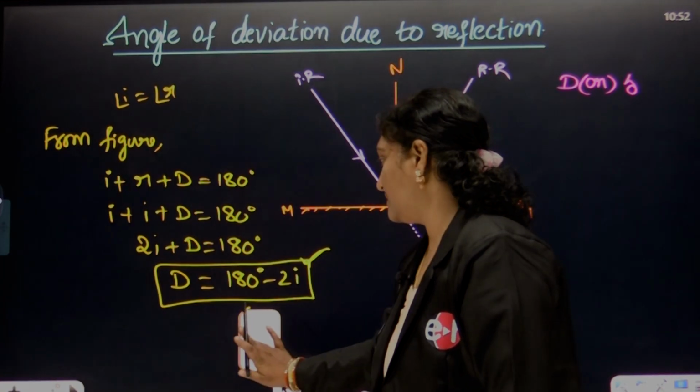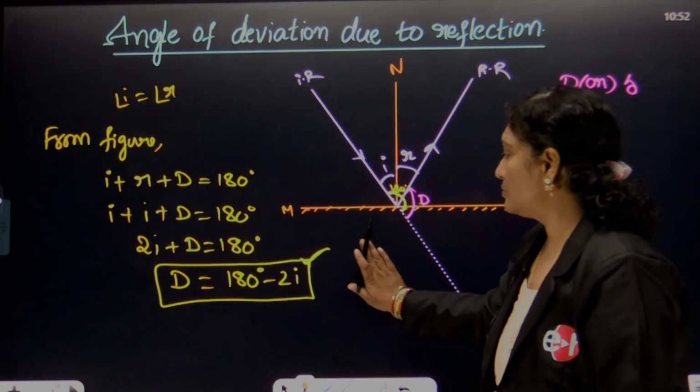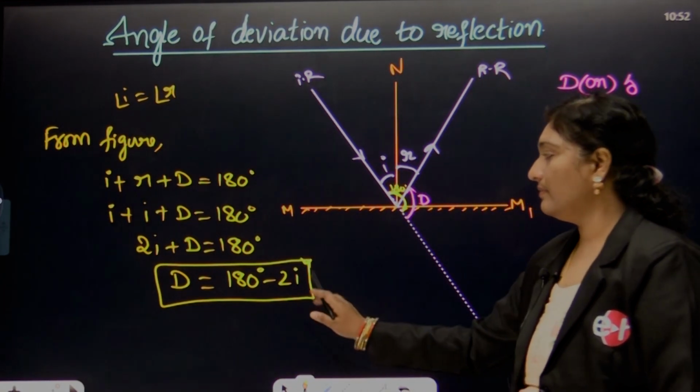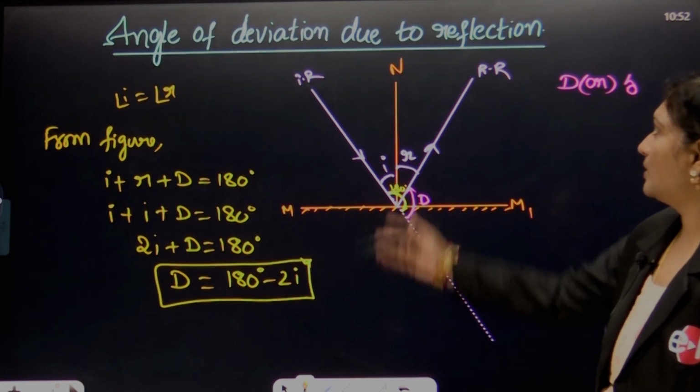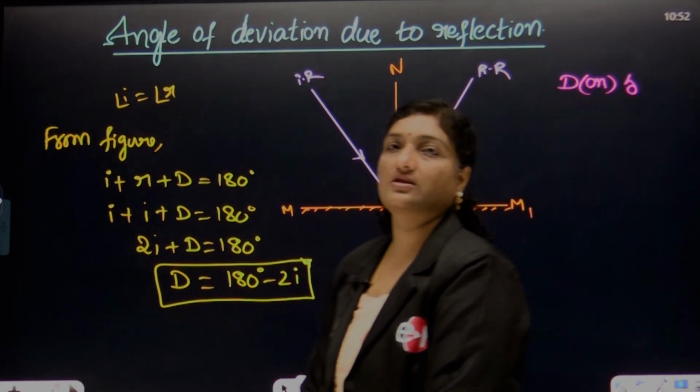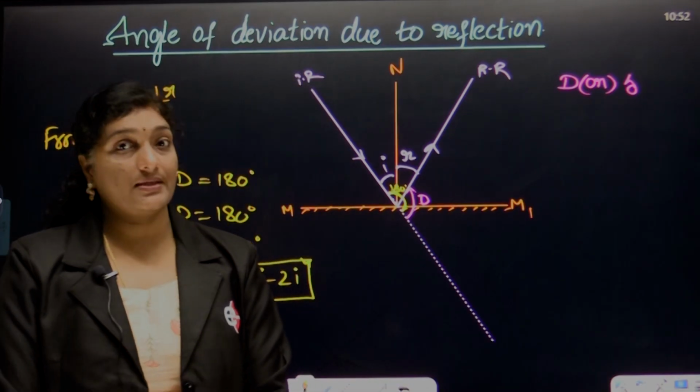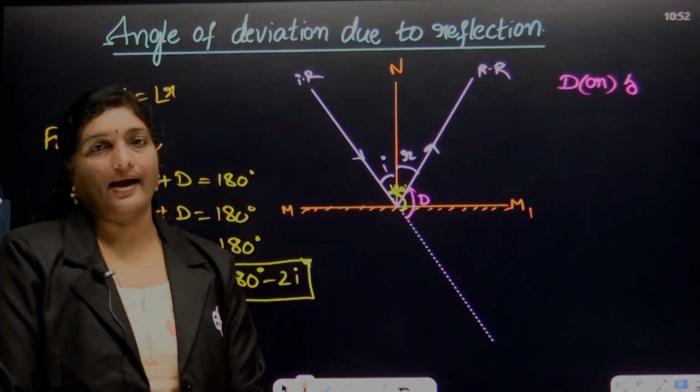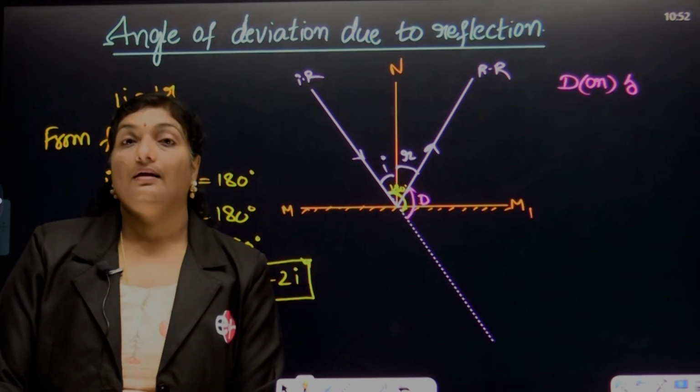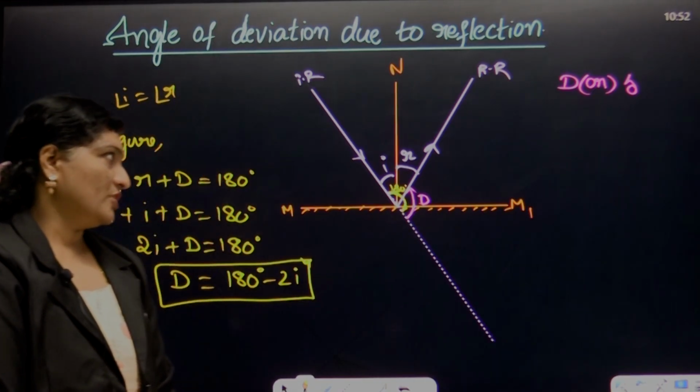But let us not consider this as a separate formula, I have given that just to make you understand. I hope the concept of angle of deviation due to reflection is clear, children. If this is clear, let us try to understand the extended topic regarding the deviation.